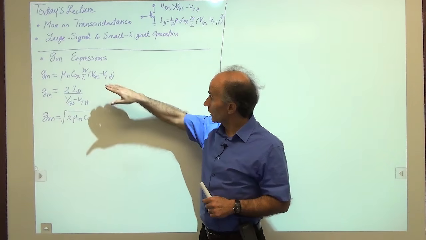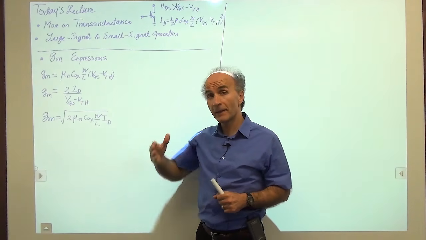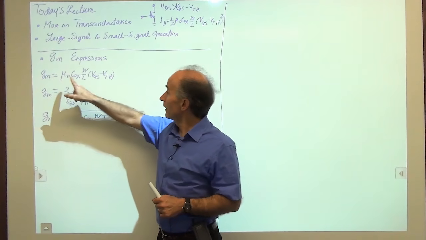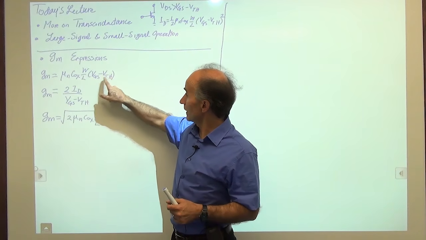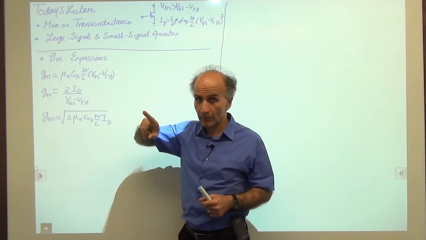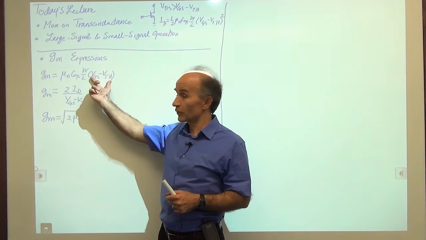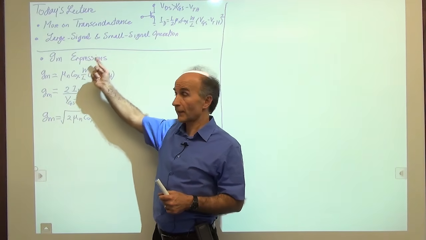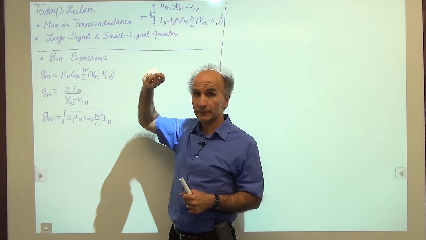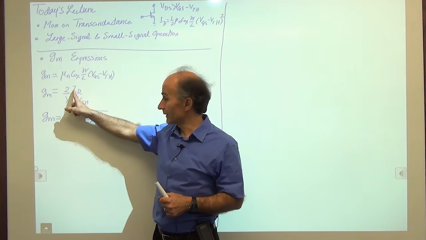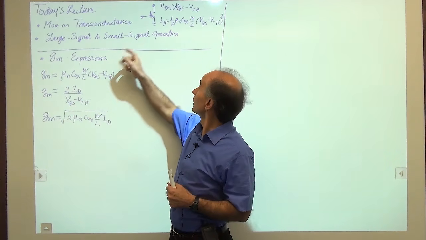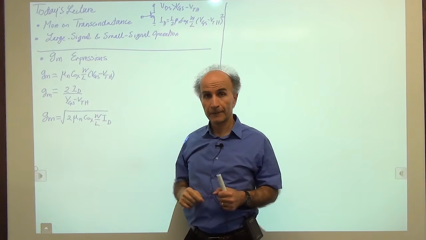So when we are looking at these dependencies and we want to know how GM varies with this or this, we have to remember that in addition to the overdrive voltage, and in addition to W over L, there's a third parameter, ID. Or in addition to ID, and in addition to the overdrive voltage, there's a third parameter, W over L, and so on.